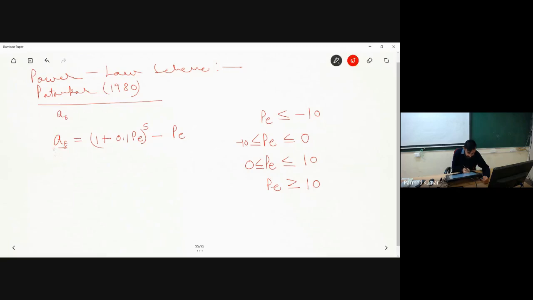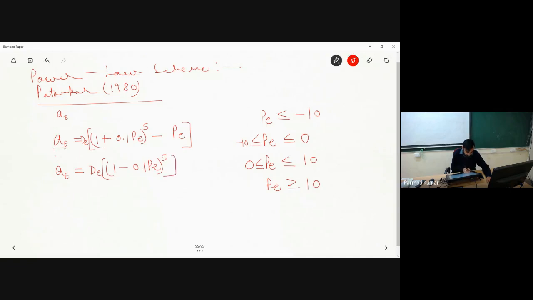Let me write this DE in multiplication only over here, so I'll put a big bracket over here. Okay, so this is when our Peclet number is from -10 to 0. And when Peclet number is from 0 to 10, under this condition, he defined AE as equal to DE times 1 plus 0.1 into Peclet number. Sorry, instead of plus, it is a minus sign: minus 0.1 into Peclet number raised to power 5.